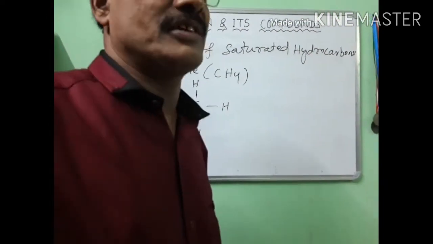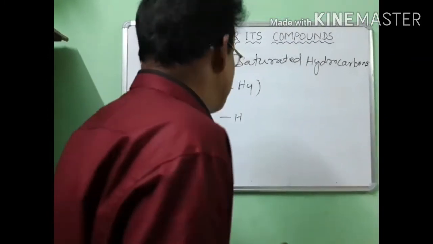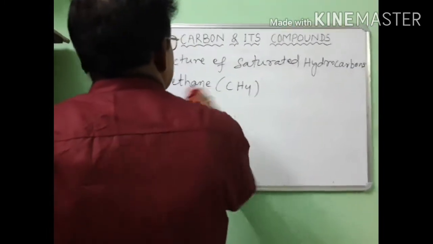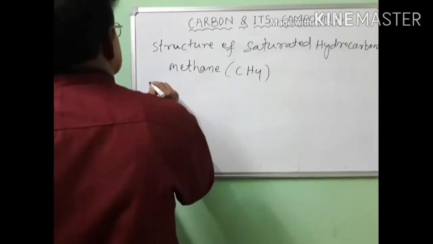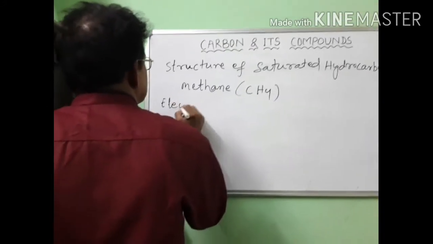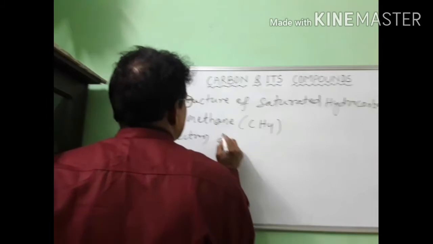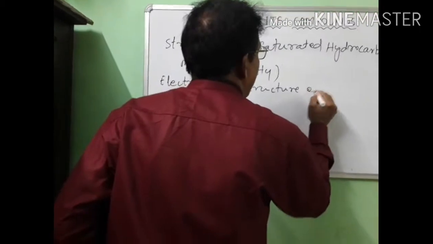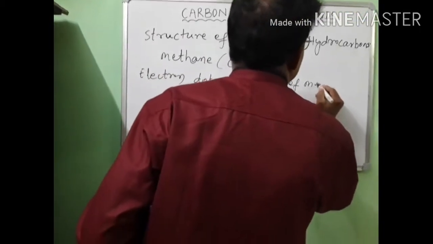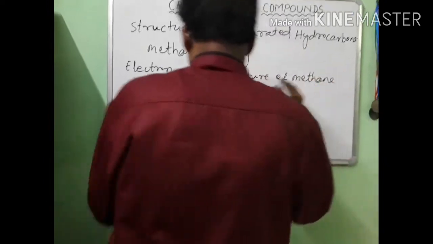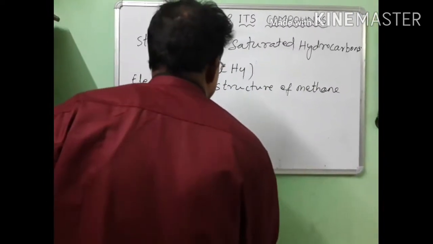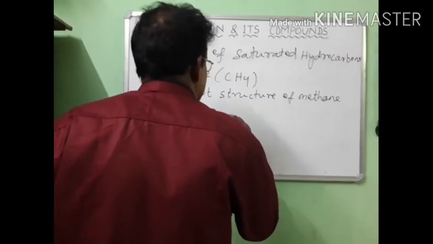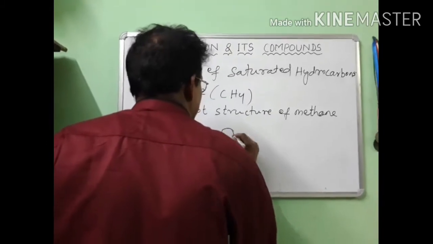Now the electron dot structure of methane. Clear? So here one carbon atom shares with four hydrogen atoms.